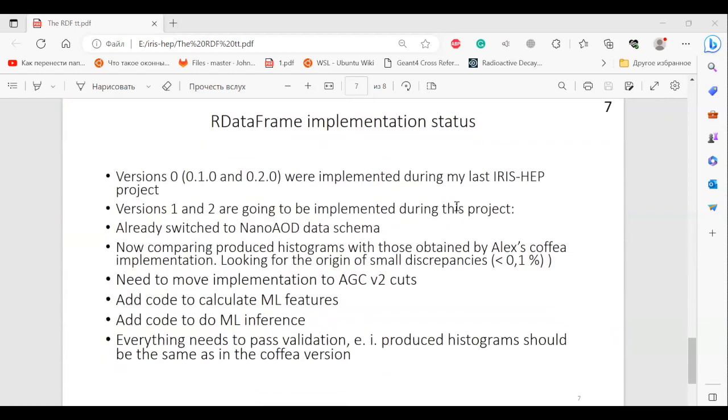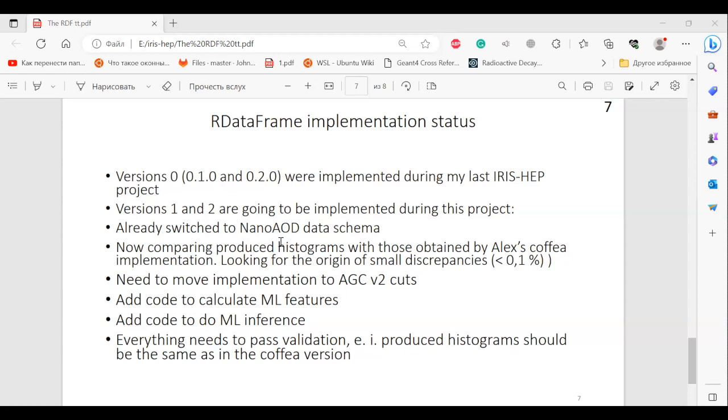During my last internship in IRIS-HEP, I implemented the ROOT data analysis Grand Challenge version 0, but during this year, Alex's Coffee implementation moved to version 2, and I am trying to catch up with Alex during this internship. So the task during my project is to implement versions 1 and 2 with RDataFrame.